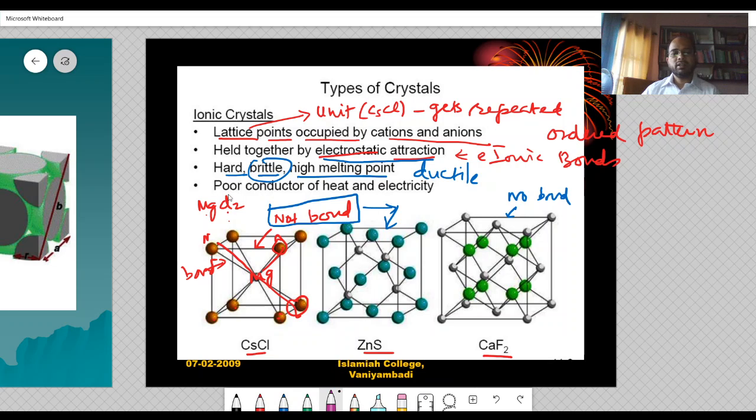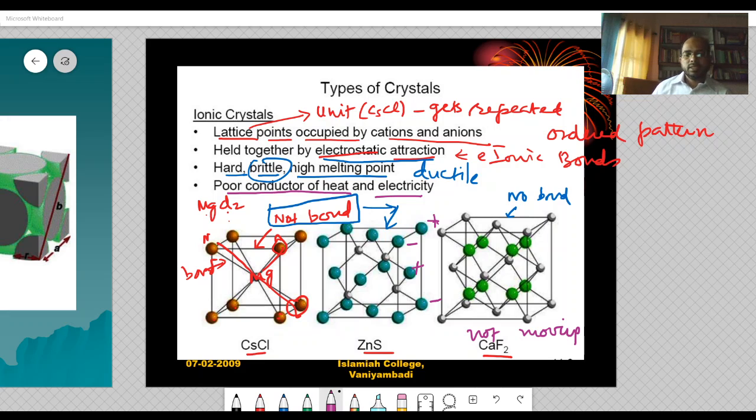They are poor conductors of heat and electricity, because you may have ions like plus and minus and plus and minus, but they are not moving. Because they are not moving, they do not constitute any electrical property.